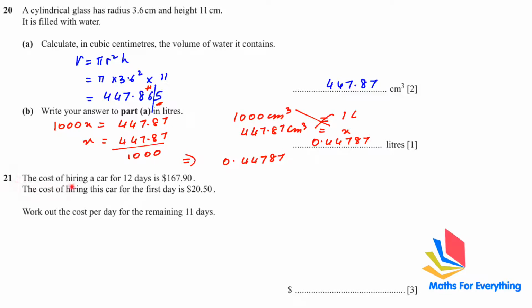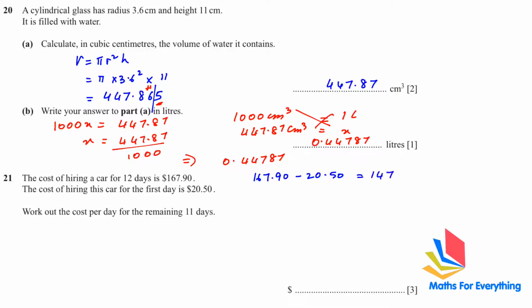Next, the cost of hiring a car for 12 days is 167.90. The cost of hiring this car for the first day is 20.50. Work out the cost per day for the remaining 11 days. So from 167.90, first subtract 20.50.